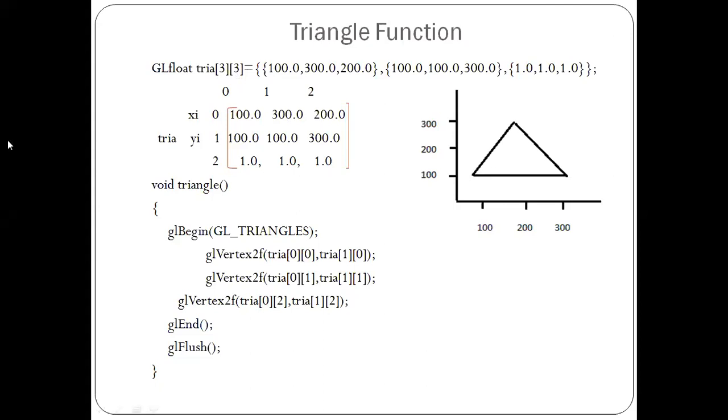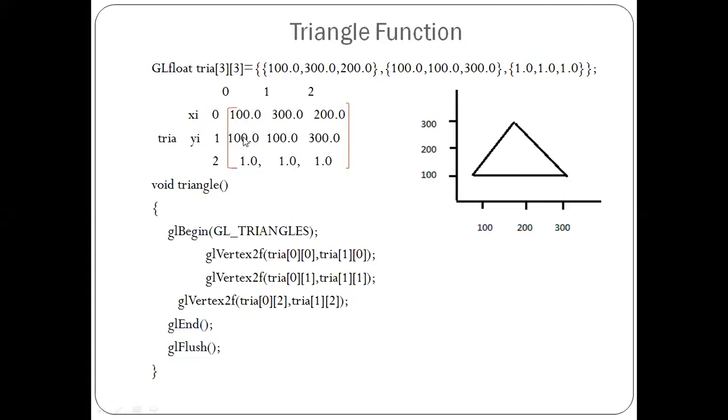Coming to the first point, this is each row. First row represents xi, second row represents yi values. My first point is x1, y1, 100, 100.